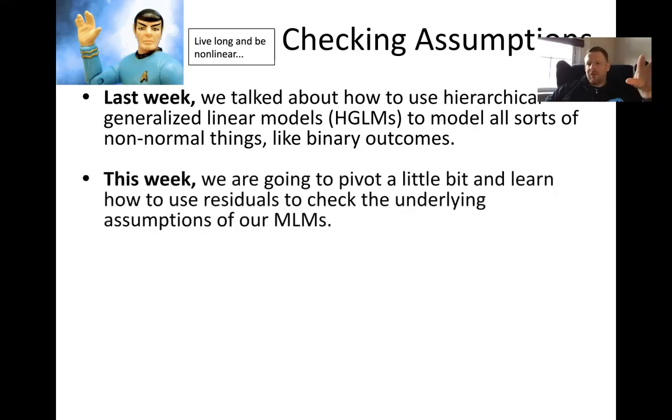This week we're going to pivot just a little bit, and we're going to learn about how to check the assumptions of MLMs. This is not something we've talked about before, because I wanted you to see the scope of all the different things that multi-level modeling is able to do. The only thing we haven't covered are cross-classified models, which we'll cover next week.